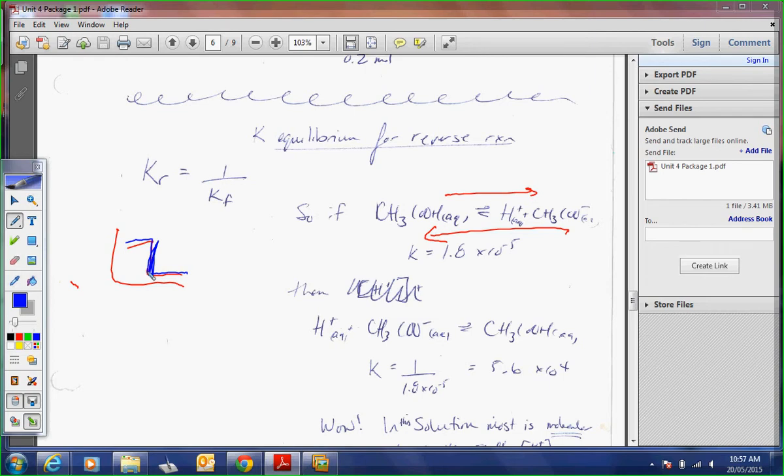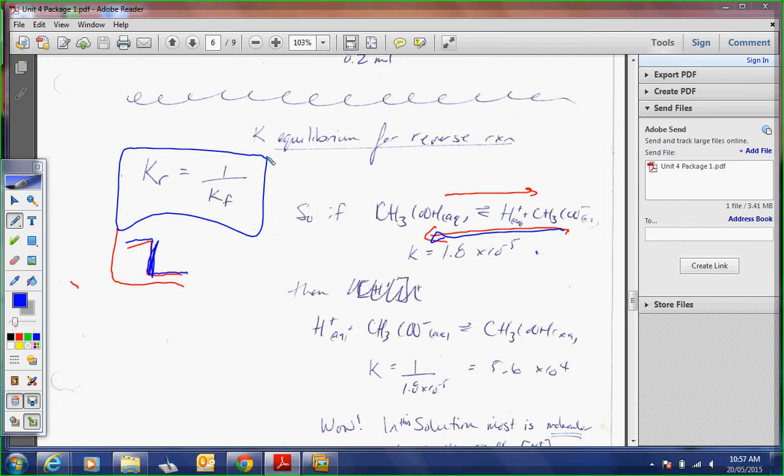Whereas this is different. It's products divided by reactants. So if I'm reading it this way, I now have my products on the bottom and my reactants on the top. So it's the inverse of that fraction. And so therefore, the relationship is the inverse of it, the reciprocal. Does that make sense?